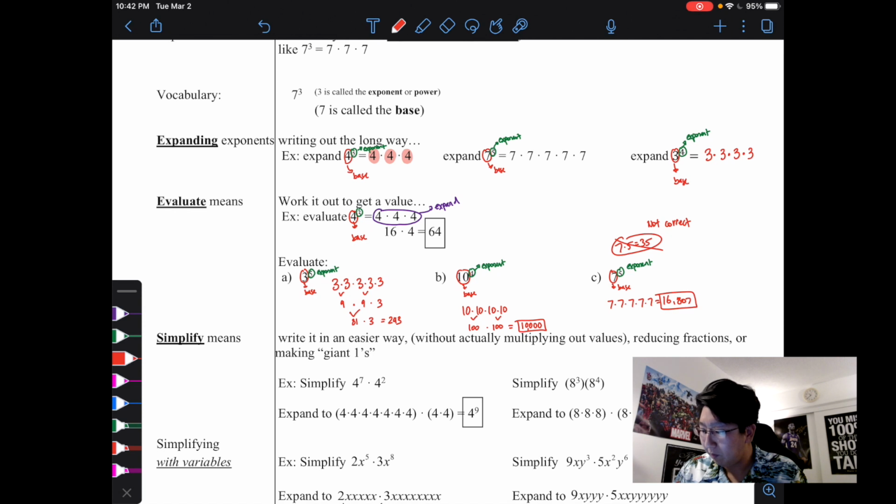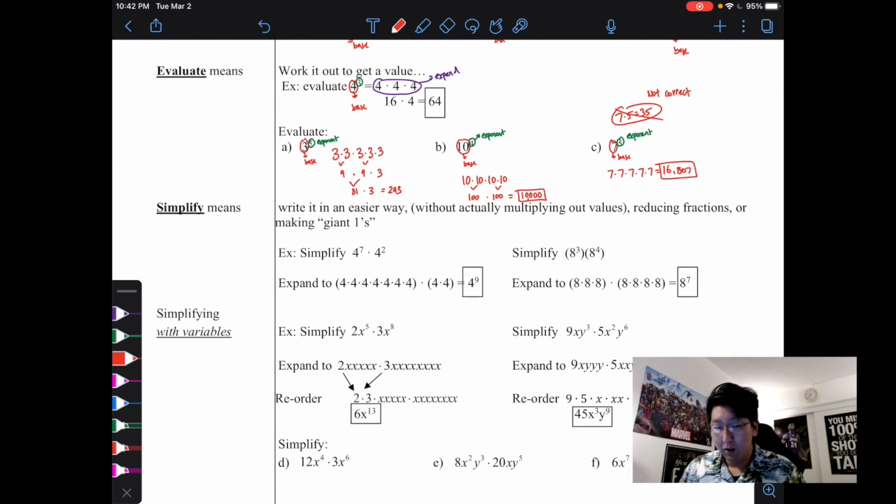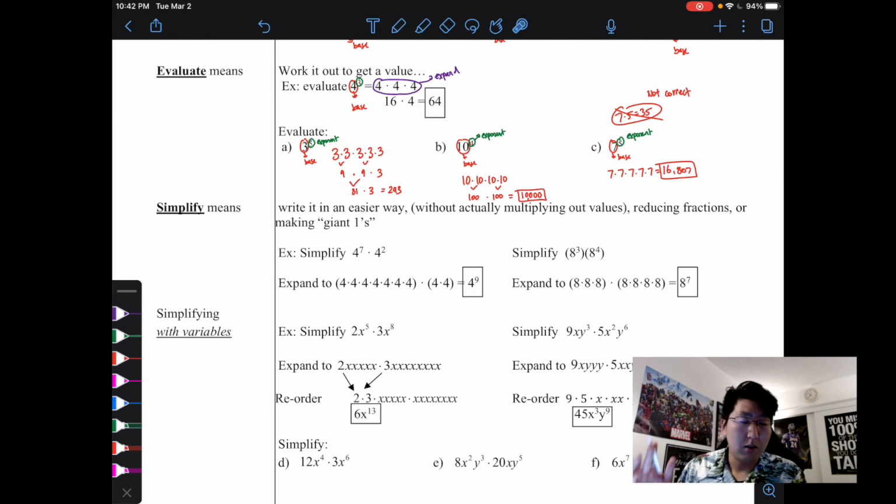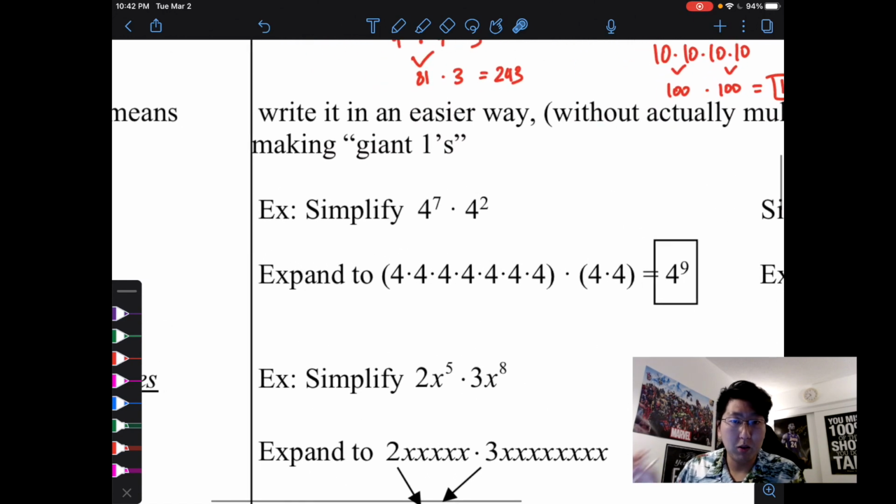All right. Now, that's exponents and solving. Now simplify. That's kind of the hardest part, because we're going to need to simplify with variables, so you'll see that we're going to get to something like this down here. Don't get scared. I'm going to teach you how to do it.